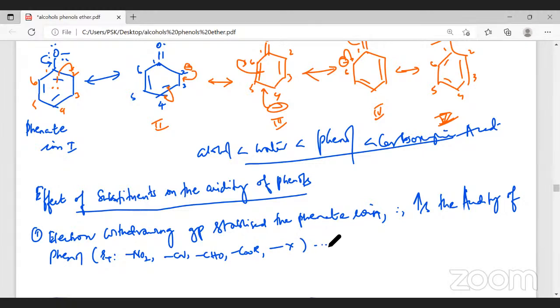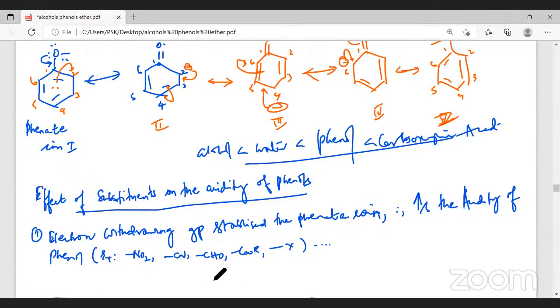So electron withdrawing group will increase the stability of the phenate ion, therefore increases the acidity. Now the magnitude of stabilization of phenate ion depends on the position where the substituent is present. If the substituent is present at ortho-para position, then the effect is more pronounced.